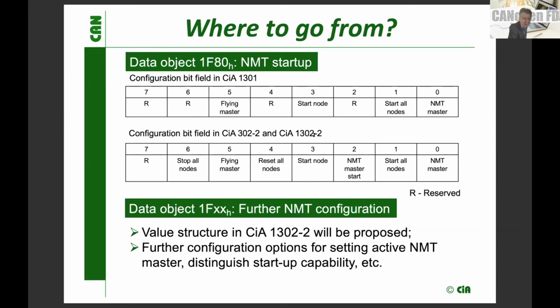We would introduce a new parameter. We will have some additional functionality available, but it should be backwards compatible to CANopen as well. And the 1F80 parameter wouldn't be touched whatsoever. We just create a new one and await the proposal for this reason.